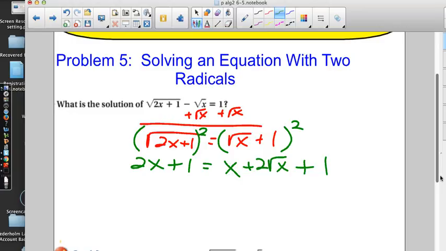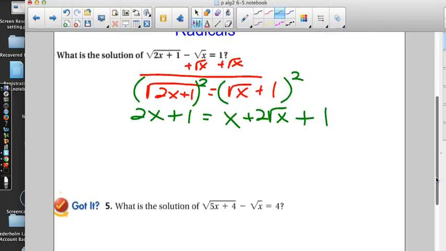Now we're down to 1 radical. We already know how to do this. So if we have 1 radical, we're going to get the x and the 1 over to the other side, and then we'll take care of business again. So we'll subtract an x and subtract a 1 from both sides. 2x minus x is 1x. 1 minus 1, 0.